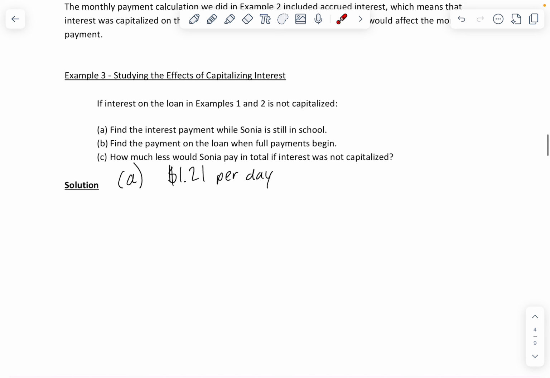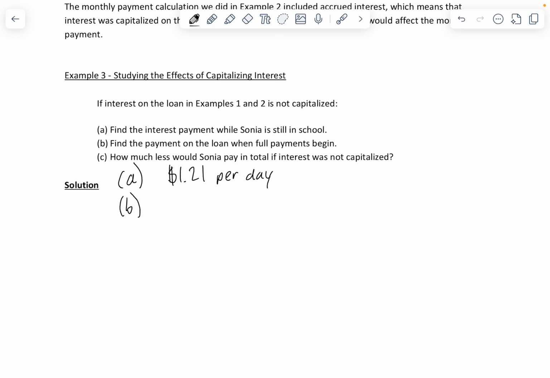But with a non-capitalized loan, she would be making interest payments while she's in school. So she would have already paid the interest, right? So that means when full payments begin, because she's already been paying the interest, then the principal balance at that time would just be the $6,500.